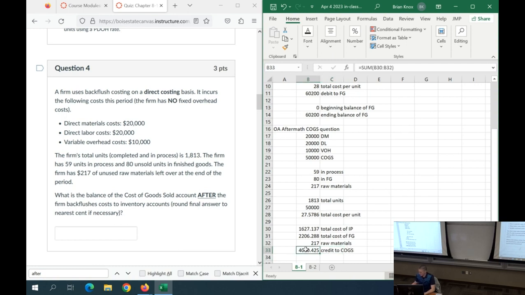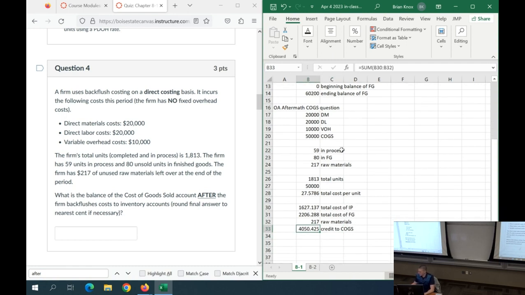So don't just copy and paste this. Keep in mind what's happening here. Cost of goods sold has a debit balance because it's accumulated all these expenses. Expenses go up with the debit, and we're crediting away a certain amount from COGS here. So the difference between these two is the COGS after picture, if you will.